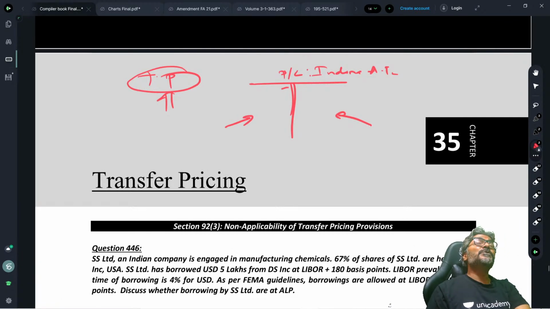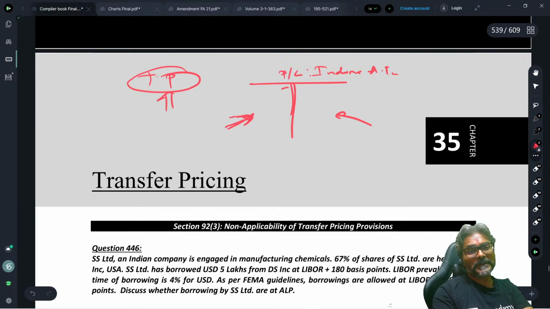Always visualize the impact of this international transaction and try to find out whether it is on the debit side or on the credit side. Is that clear to all of you? This is very important. Always keep this particular perspective in mind: impact on debit or impact on credit.